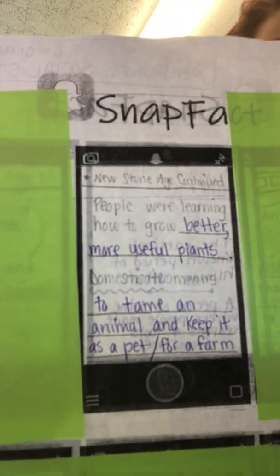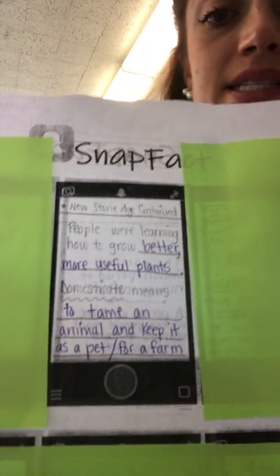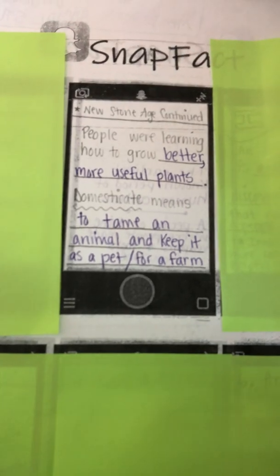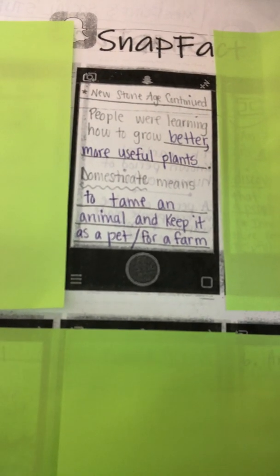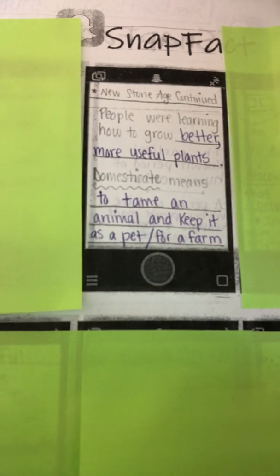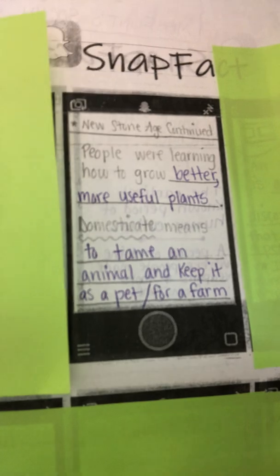Remember, pause if you need more time to get everything filled in. So, to domesticate animals means to tame an animal and keep it as a pet or for a farm. Very, very helpful for these early hominids.